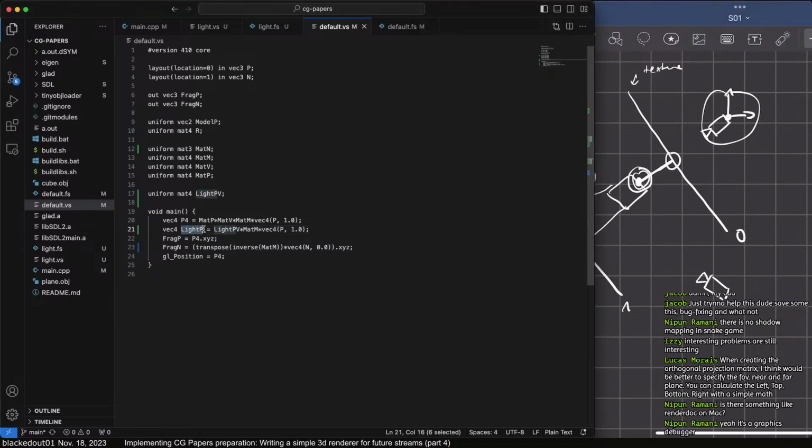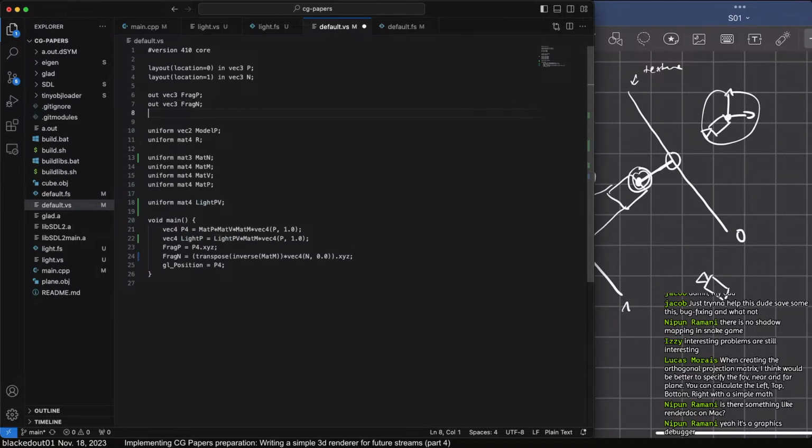So we have the light point, and now we need to output this into the fragment shader. Light P. I think I need to remove this because it's defined up here.